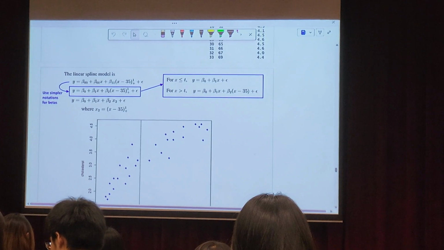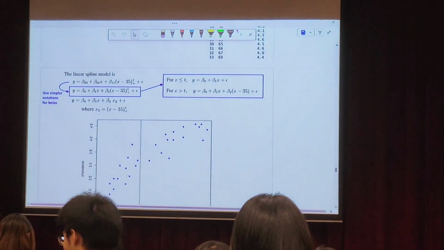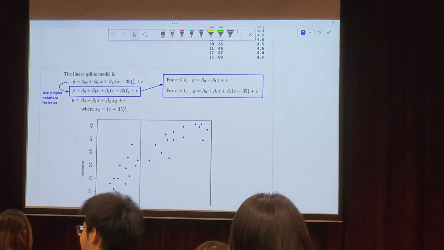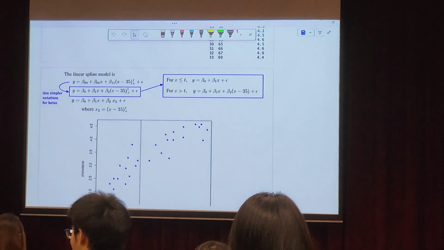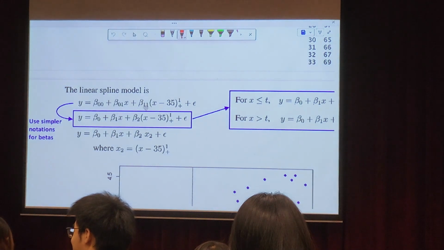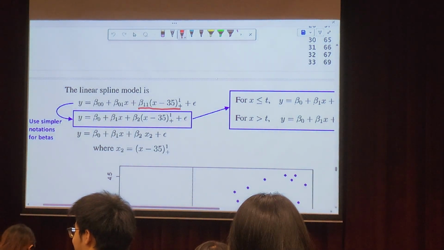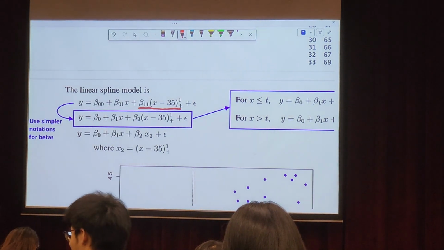Well, what do we want? I am going to fit one that is continuous. So what happens here is, I am just going to add this term here. Just one term. I don't need the power to the power 0.